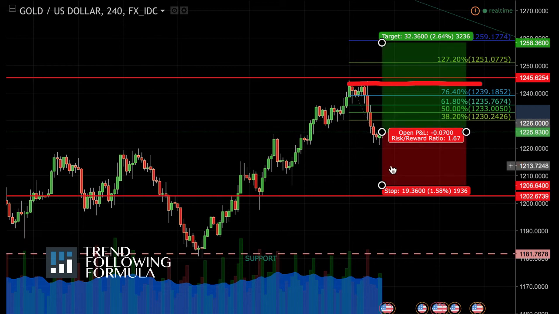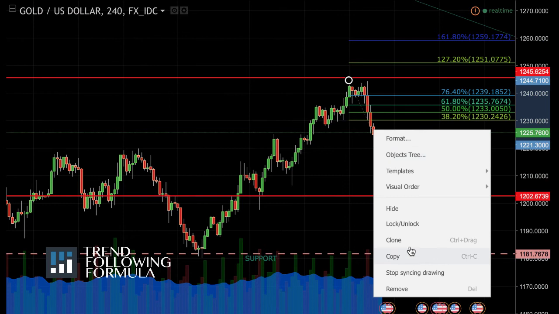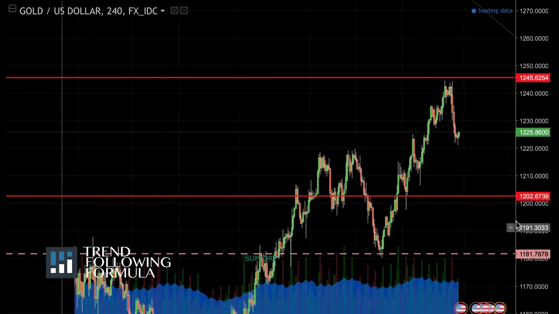Okay, the only point that I'm trying to make here is you need to trade on sound direction, and predicting reversals is not a good practice. Why?